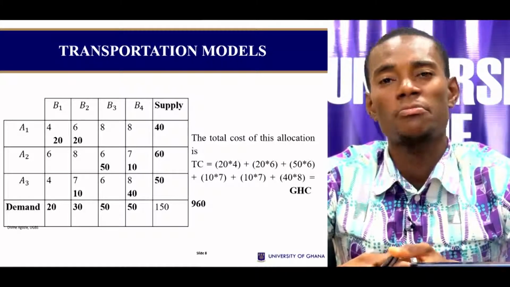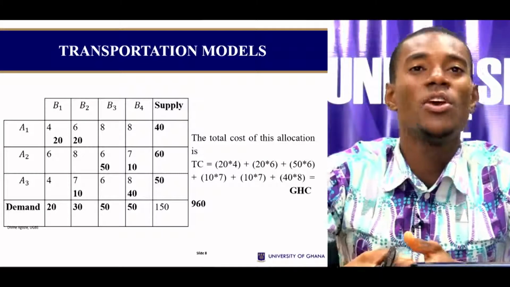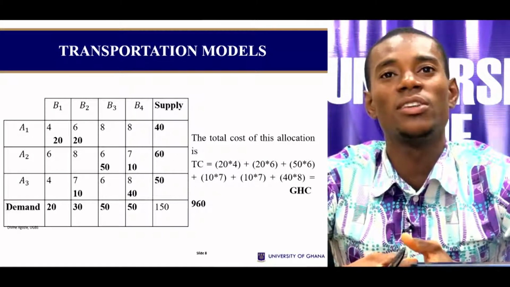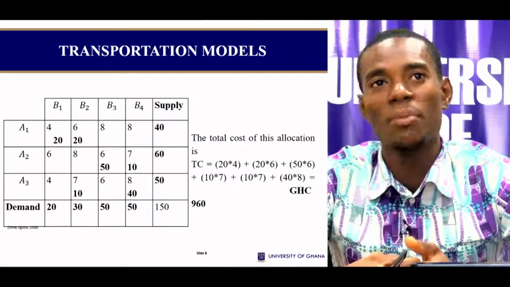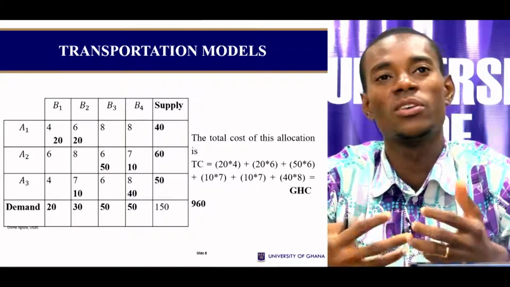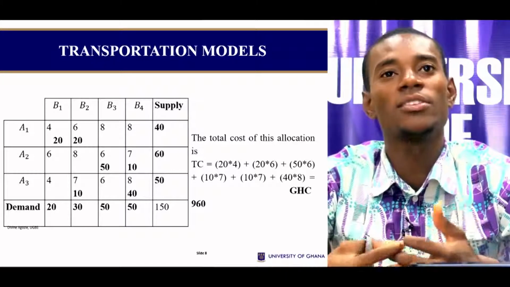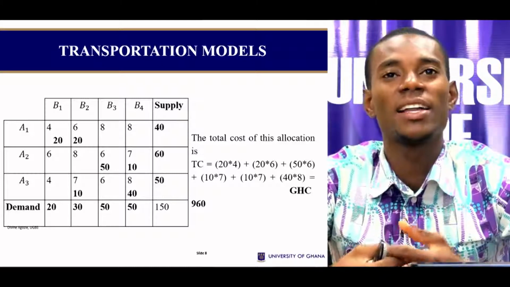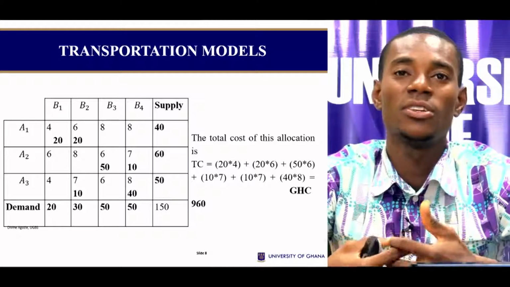There's one other concept we want to look at, the issue of degeneracy, where you want to see that the total number of allocations must be equal to the number of rows plus the number of columns minus 1. But we treated that in depth in the handout, so you can just read it and understand whether your solution is degenerate or not.